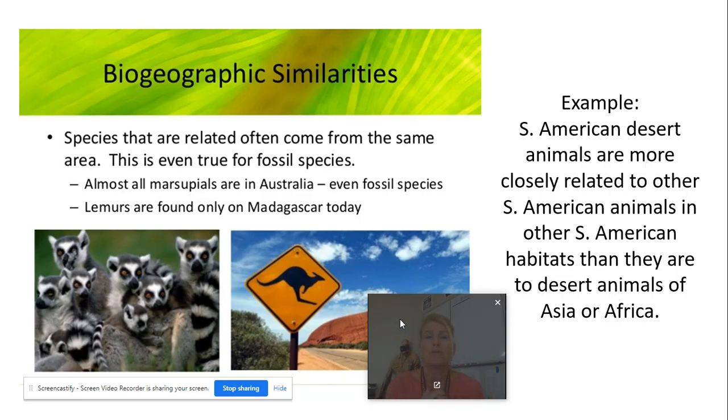If I have a mountain goat from the Andes Mountains in South America, it's going to be more closely related to other animals in South America than it is to a mountain goat in the Rocky Mountains. Yes, they both have similar adaptations to their similar environments, and we'll address that in just a second. But because the geography separates them, they're more likely to be more closely related to organisms in their area.